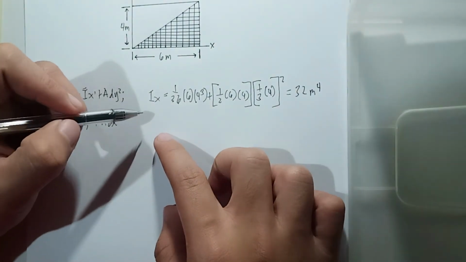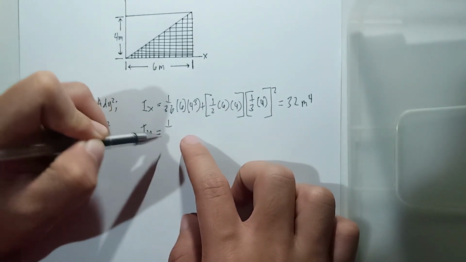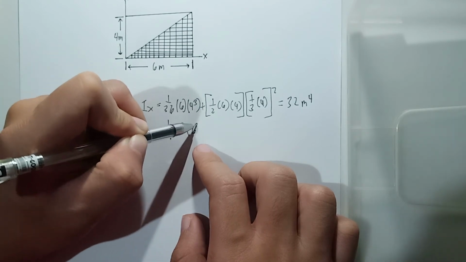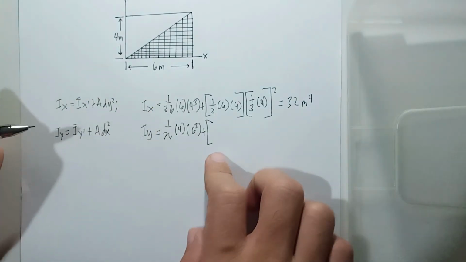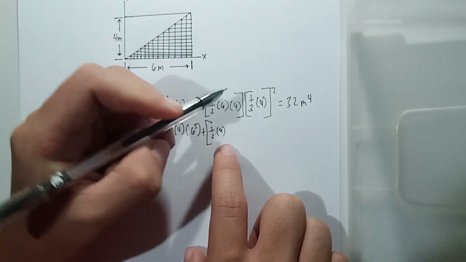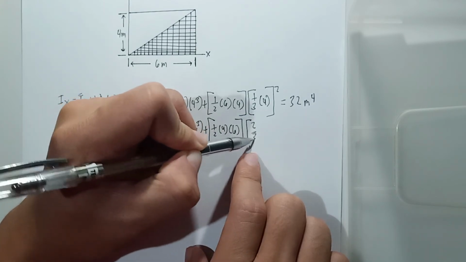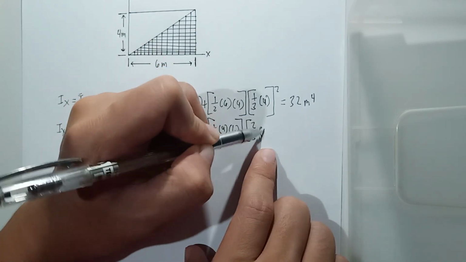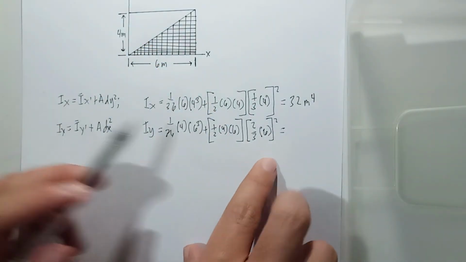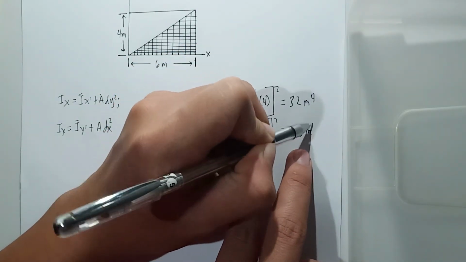So Iy is equal to 1 over 36 times 4 times 6 cubed, plus 1/2 of 4 times 6 times 2/3 of 6 squared, and it is equal to 216 meters to the fourth.